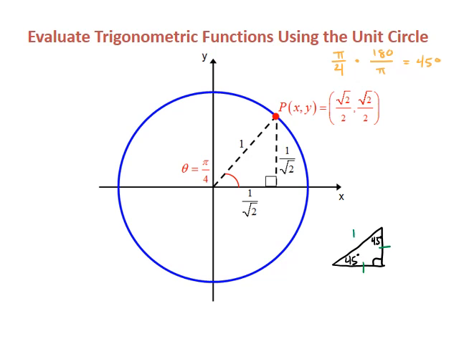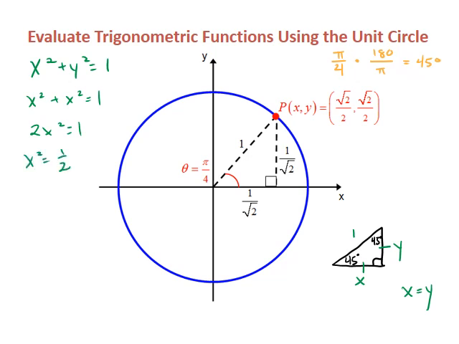So call this length 1. If this and this are congruent, then x must equal y. So I can apply this formula, x squared plus y squared is equal to 1. But since x and y are the same, I can say x squared plus x squared is equal to 1, or 2x squared is equal to 1. Divide both sides by 2, and x squared is a half.